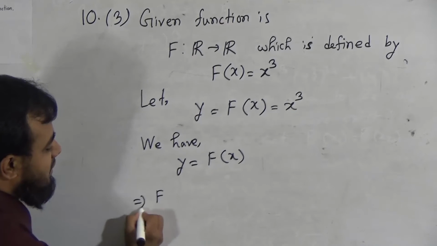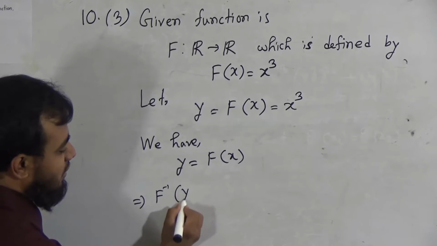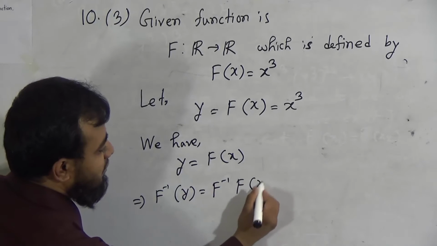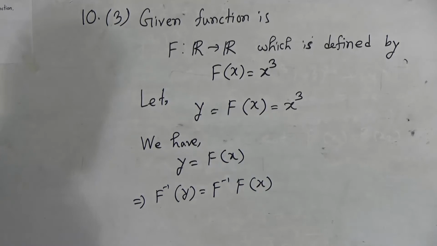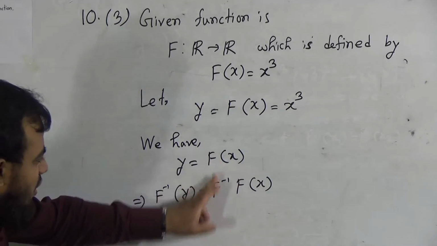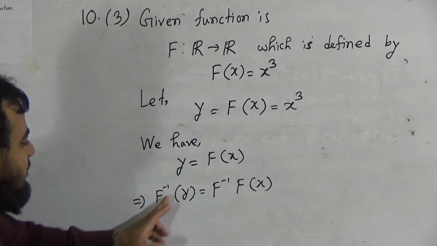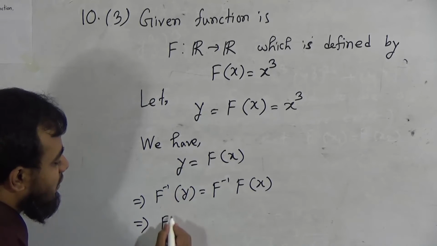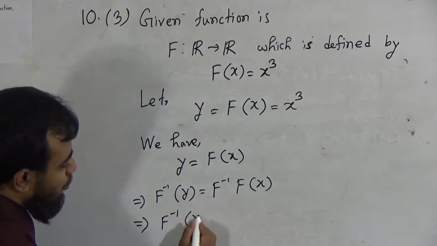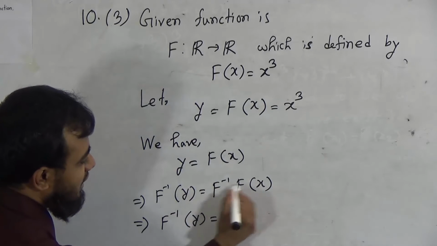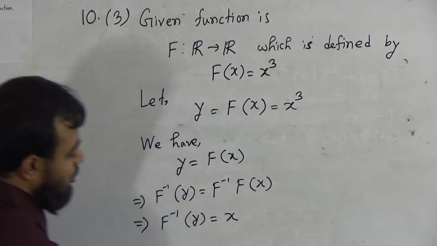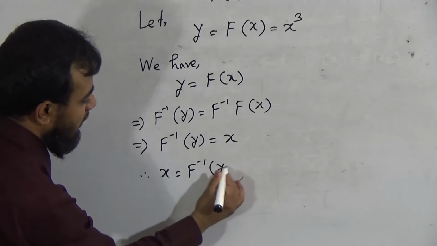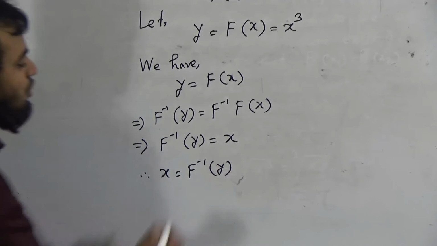So f inverse f of x, because we are going to find the value of x, so we need to omit this f. Now what is required is f inverse of y, that's equal to x, since f is omitted. So we can write, therefore, x equal to f inverse of y. X equal to what? F inverse of y.